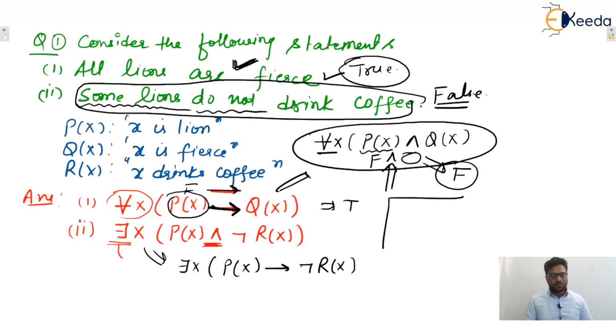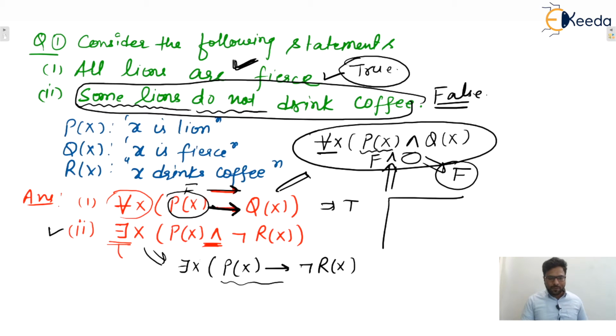Some means there exists some, and you assume that there is no lion among the creatures. Now if I write the second statement with the help of implication.